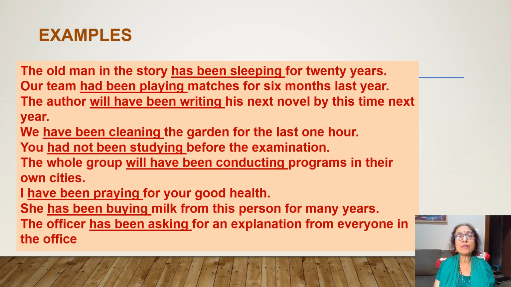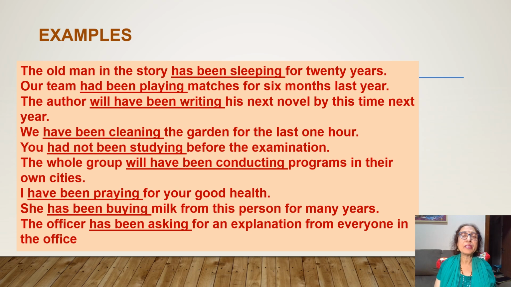It started in the past, it continued in the present, now it is going to end in the future, 20 years. So that is the use of the tense, the present perfect continuous form, has been sleeping. Since it is old man, third person singular, therefore we are using has instead of have.